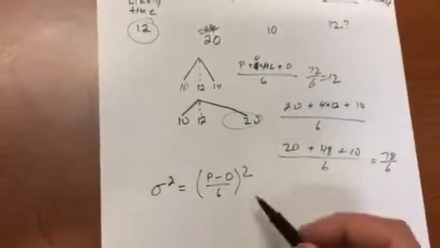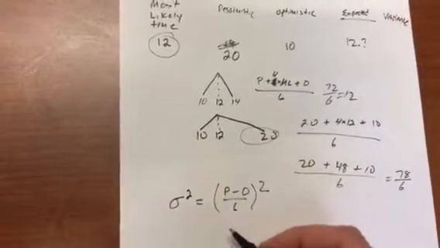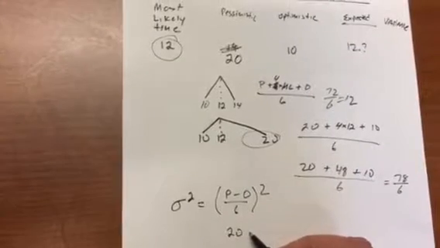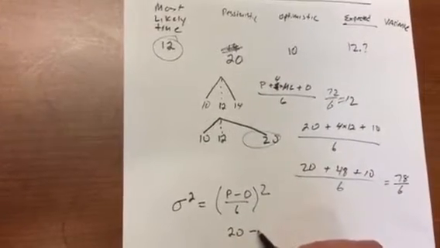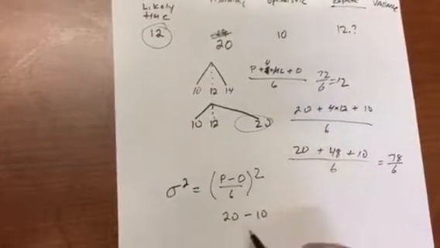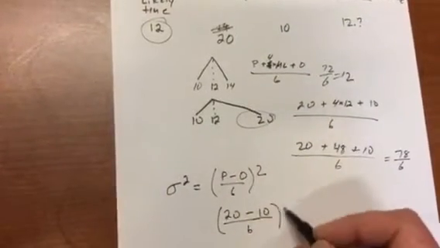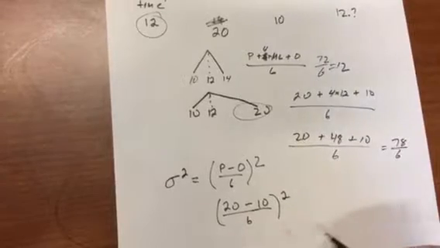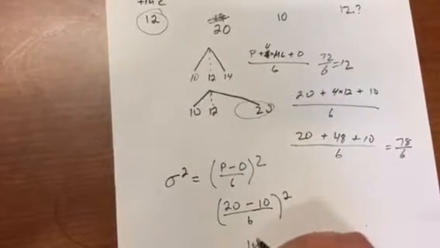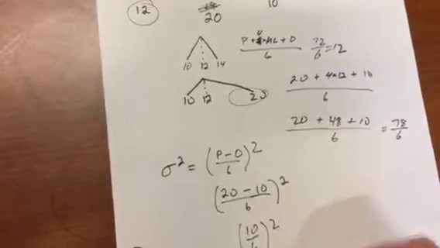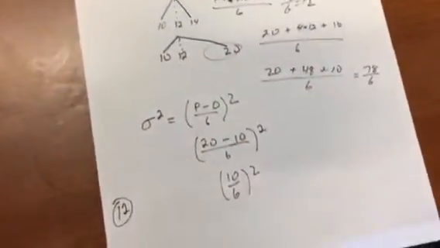Let's just do that real quick. The pessimistic is 20, and the optimistic is 10. It doesn't really matter which order you do these in because you're going to square them. So that'd be 10 over 6, squared.